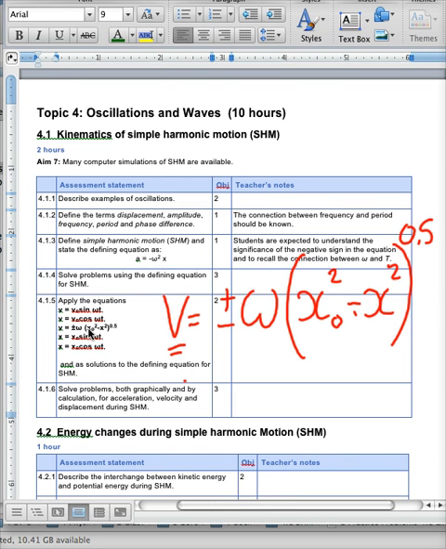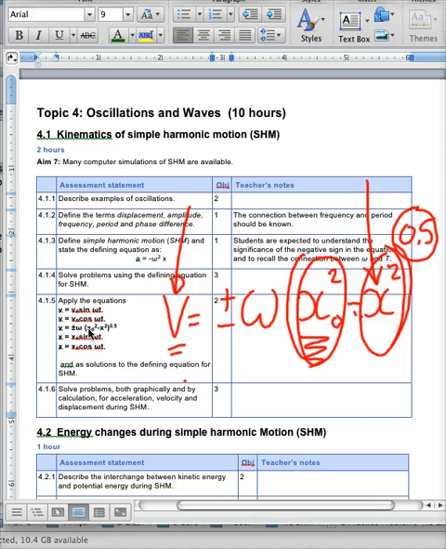We'll get to why that is the case later. It doesn't really matter, but it's basically saying if you wanted to know the velocity at a certain point, defined by x, you can do that if you know the maximum displacement. You take the maximum displacement squared minus the current position squared, to the power of 0.5, multiply it by the angular velocity, and you can find the velocity. I believe that's in the formula booklet, so it shouldn't be too much trouble.